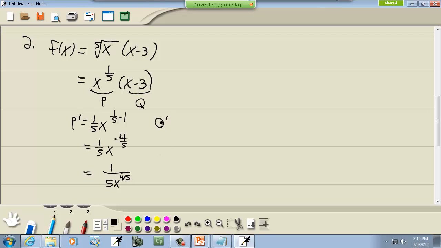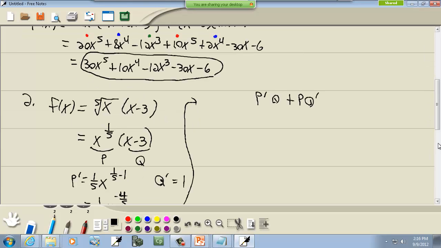Q prime: well, the derivative of x minus 3 is 1. So now we're ready for our formula. Continue it up here: P prime q plus p q prime.